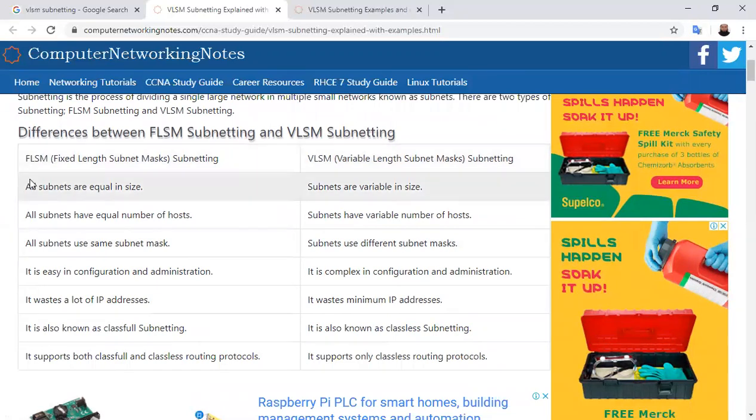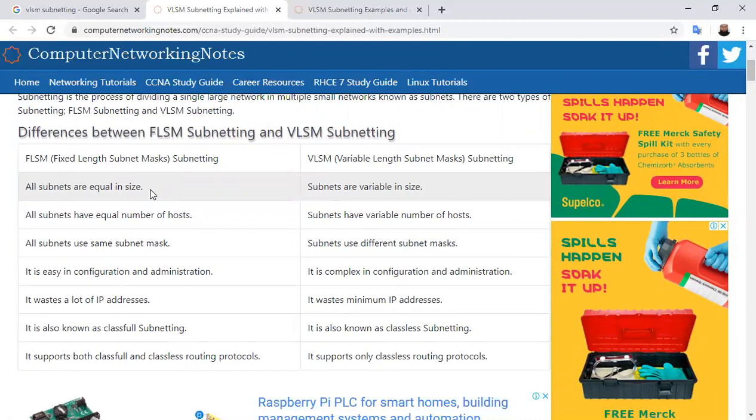In FLSM, all subnets are equal in size. We know how to find or define subnets from an IP or subnet mask. So in class A, B, C, for fixed length subnet, all the subnets are equal in size.